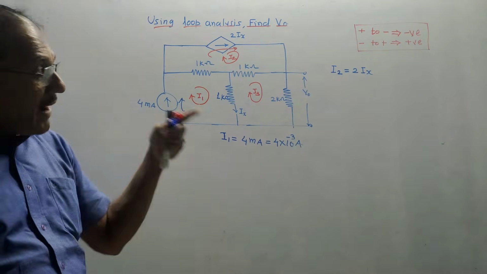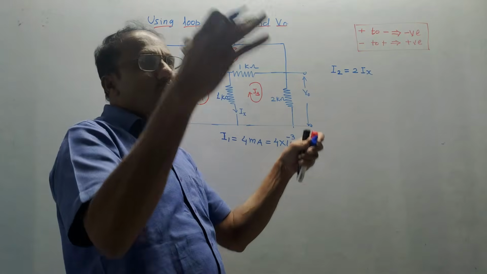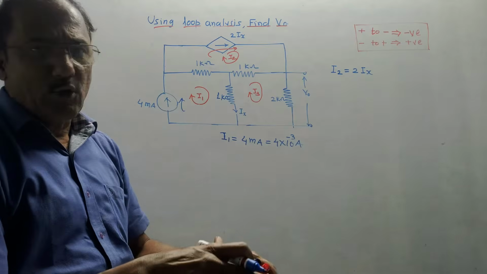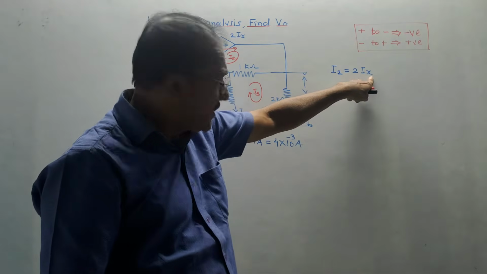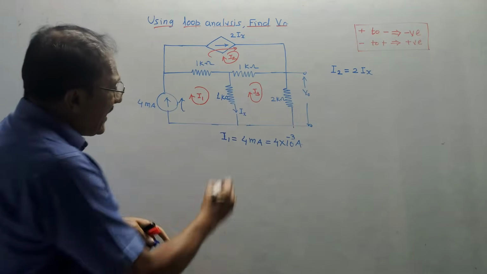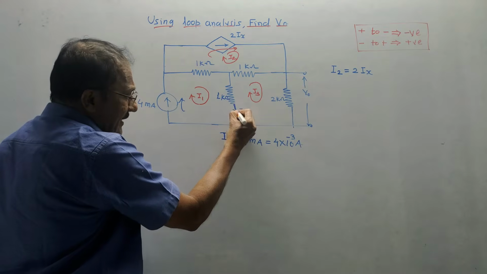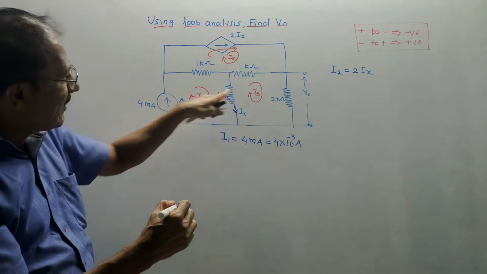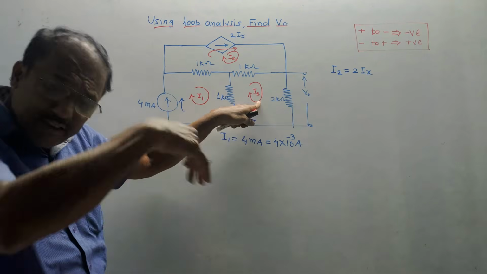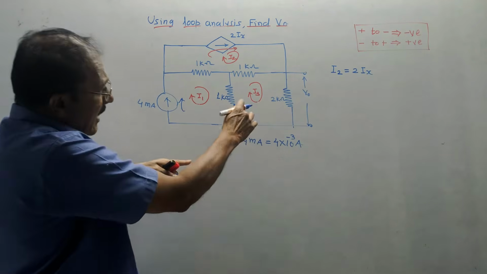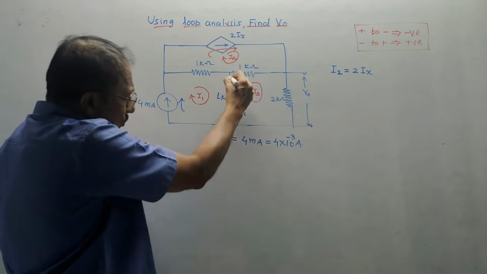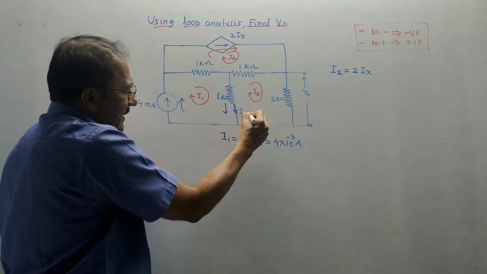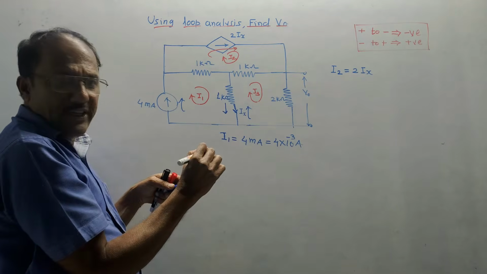Now keep in mind that you don't have to increase the number of notations. Try to reduce the number of notations. See, ix is the new notation. Look at the diagram. Where is ix marked? Ix is marked in this branch. Through this branch, which loop currents are marked? I1 and I3. So let us simplify it from the beginning itself. Ix is downward. Through this branch where Ix is marked, two loop currents are moving, I1 in the downward direction, I3 in the upward direction.